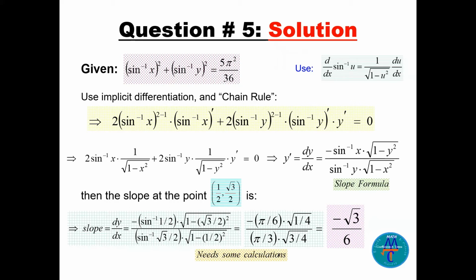You can do it yourself. y prime is dy over dx, which is what we need here. When you simplify this equation, you will get minus inverse sine of x times square root of 1 minus y squared, divided by inverse sine of y times square root of 1 minus x squared.